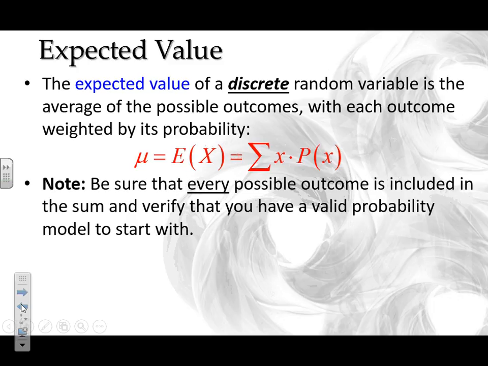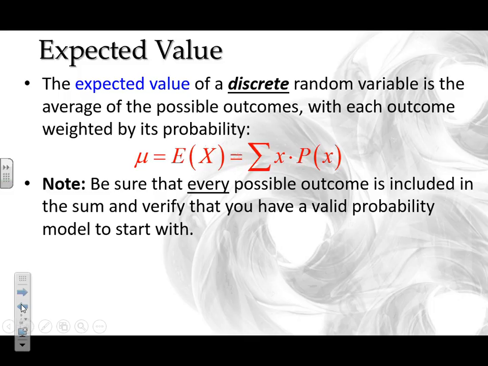Now, when you go to create your expected value, one of the things you want to do before you start your calculation, because there might be a lot of different values for your variable, is make sure that every possible outcome is accounted for, and verify that you have a valid probability model to start with.